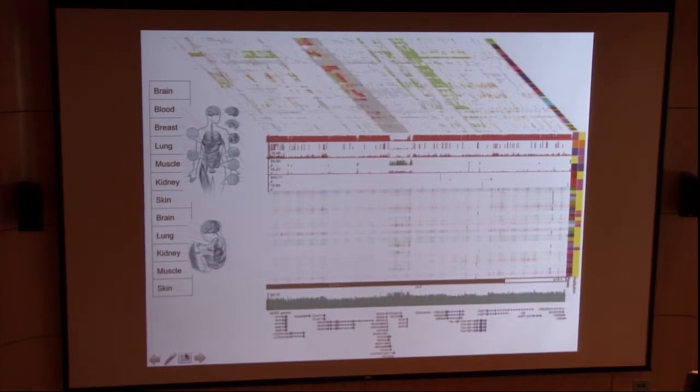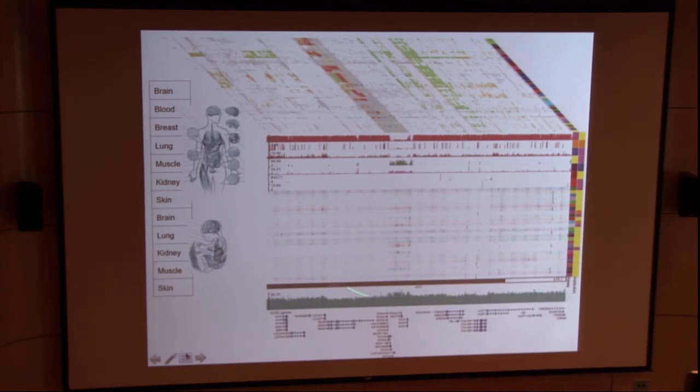This is the matrix that we want to be able to navigate with the browser systems, with the genome, with the different types of data, with different types of samples. And we're trying to figure out a way so that investigators can jump to the regions of interest quickly, and also be able to zoom out and look at the global features of the data.